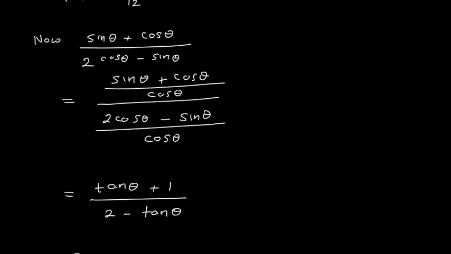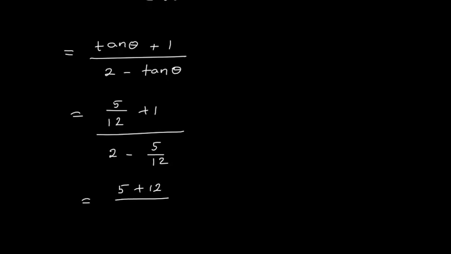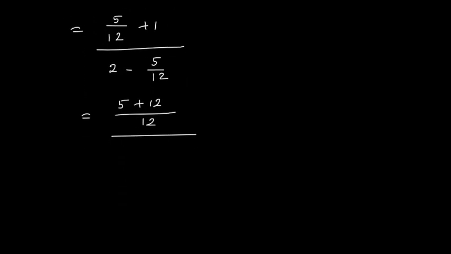Now the value of tan theta we got as 5 upon 12. So let us resubstitute: 5 divided by 12 plus 1, whole divided by 2 minus 5 divided by 12. So this will become 5 plus 12 whole divided by 12, whole divided by 2 into 12 is 24 minus 5 divided by 12.